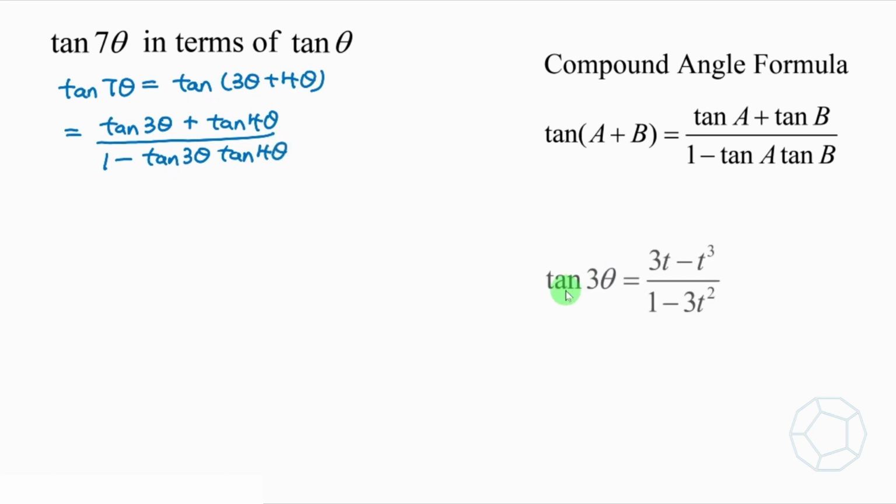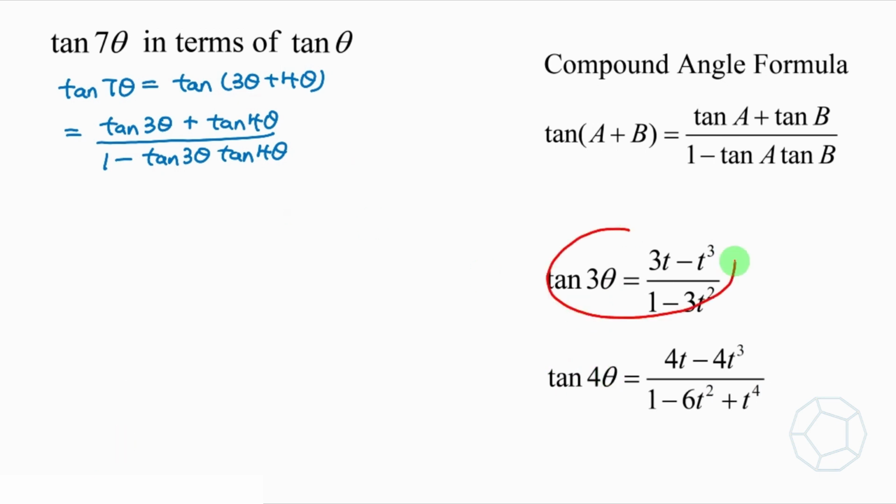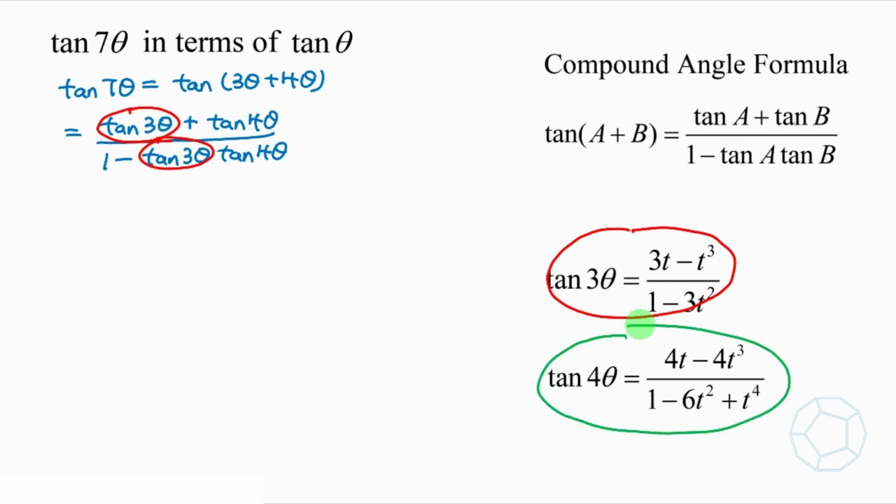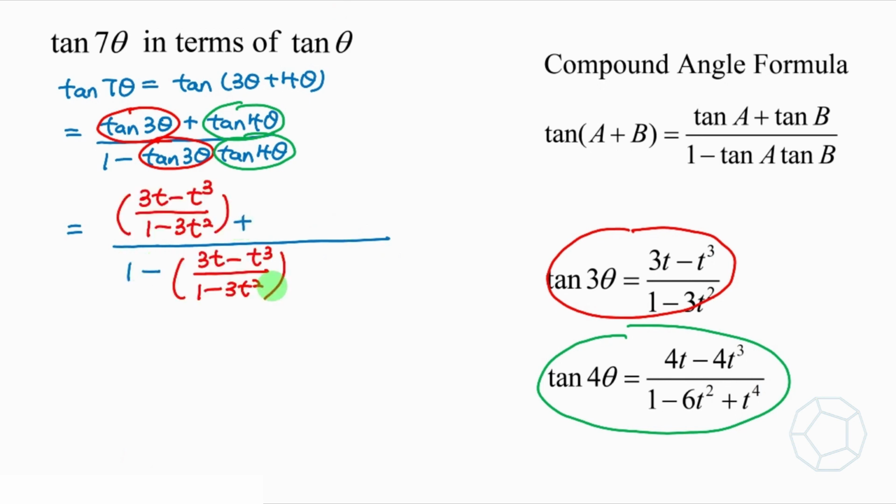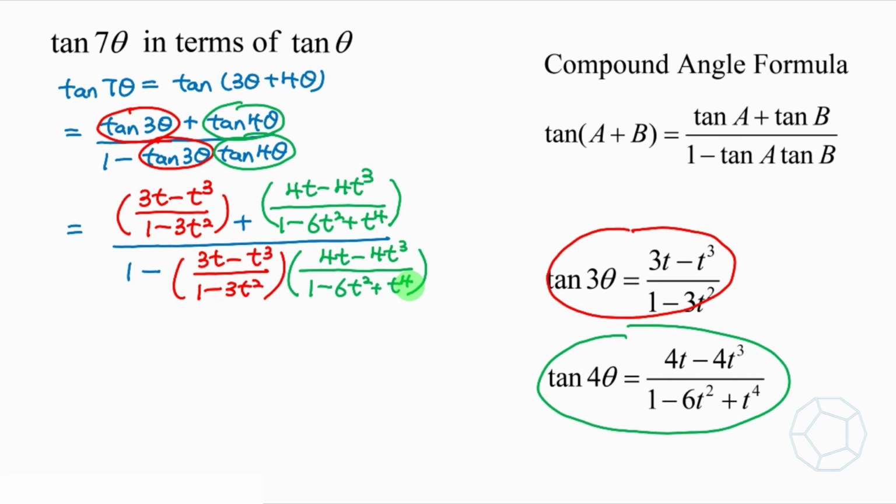Put the two expressions of tangent 3 theta and tangent 4 theta back. We shall use red for tangent 3 theta and green for tangent 4 theta. Then it is equal to the following. At this point, we do not have to simplify it, as you'll see in the next part.